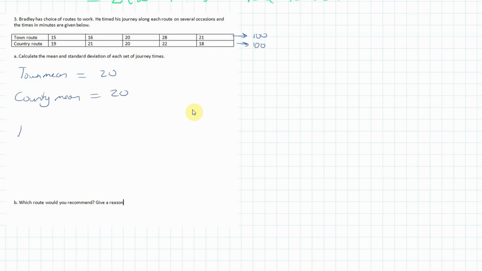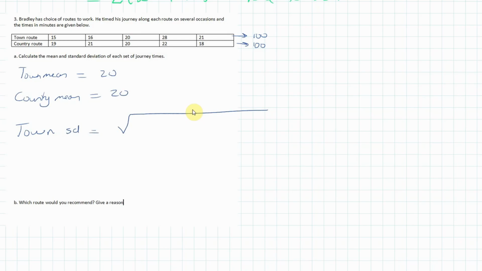So, town. Why do I keep on spelling it toe? Town standard deviation. Okay. Now, again, you can do this on your calculator. There's a special button that does it, which I probably will have shown you by the stage. But I'm going to do the slow method.